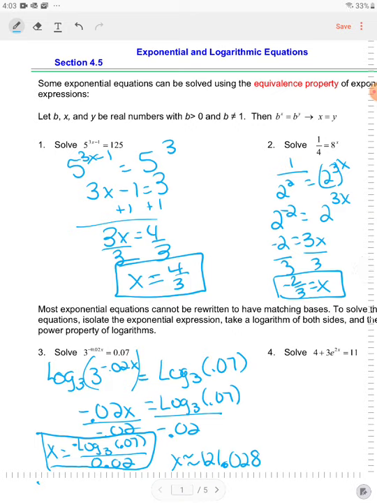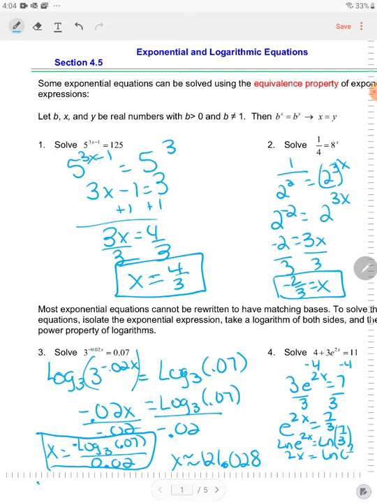Now here on number 4, we have to subtract 4 from both sides first. You have 3e to the 2x is equal to 7. Divide by 3. E to the 2x is 7/3. You're going to ln both sides. So you have 2x is equal to ln of 7/3.